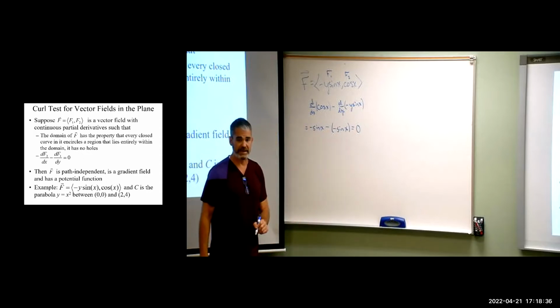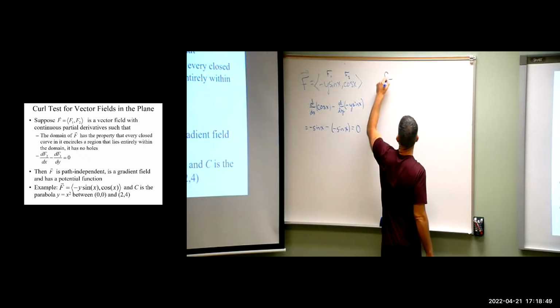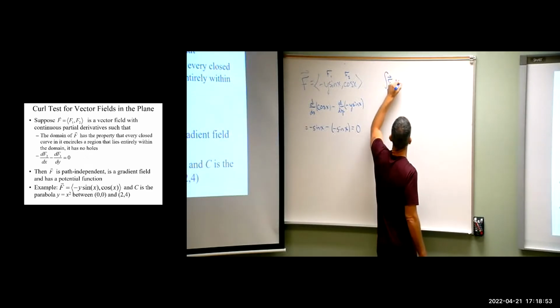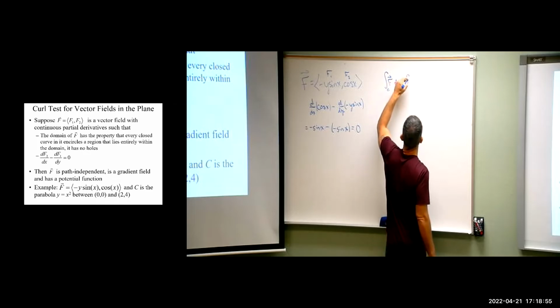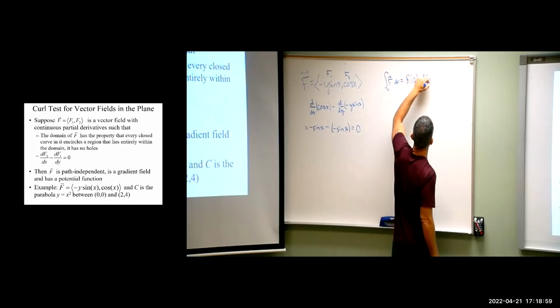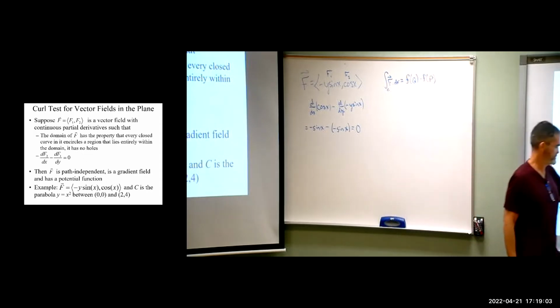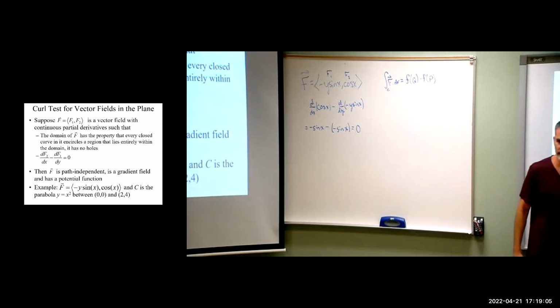That tells me this is a gradient field. Now, we did this one last time via parameterization, but this tells me that we can use the fundamental theorem of line integrals, which says that if we're trying to do the integral of F dot dr over some path C, I can actually do f of q minus f of p. That was that fundamental theorem. Well, we're given q and p: (0, 0) and (2, 4).